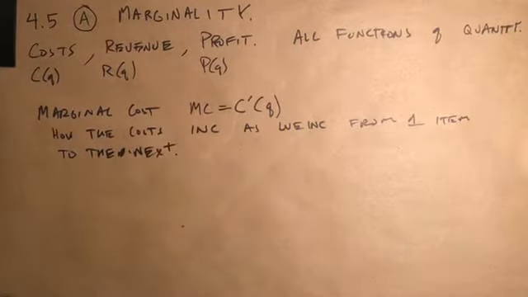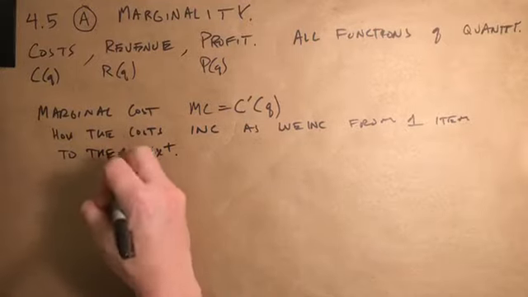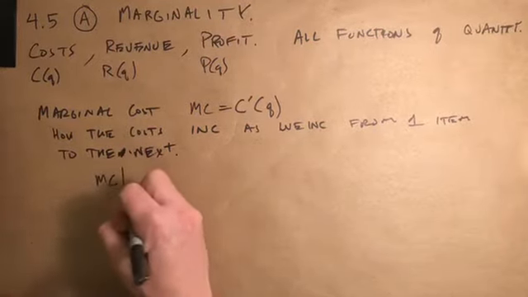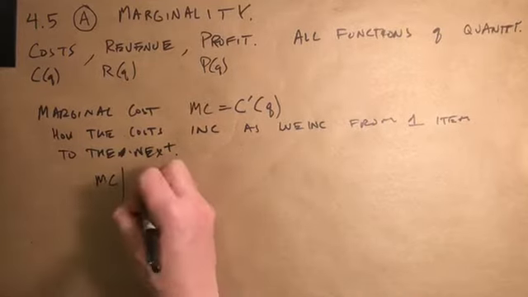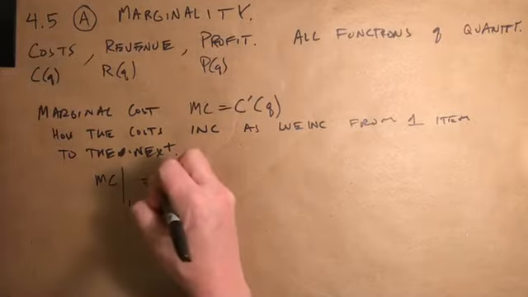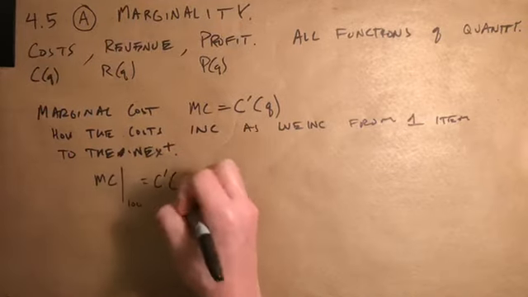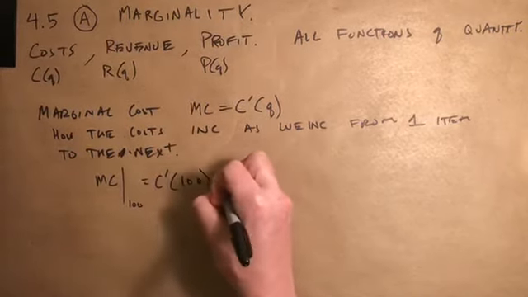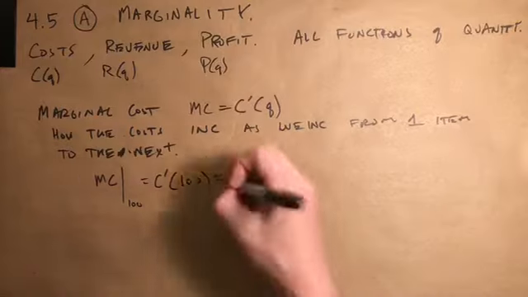So if I'm making, say, 100 items, if I wanted the marginal cost of 100, we could say, how much did the cost increase as I went from 99 items to 100 items? So we could say that this is C prime of 100, but that's approximately going to be equal to what?